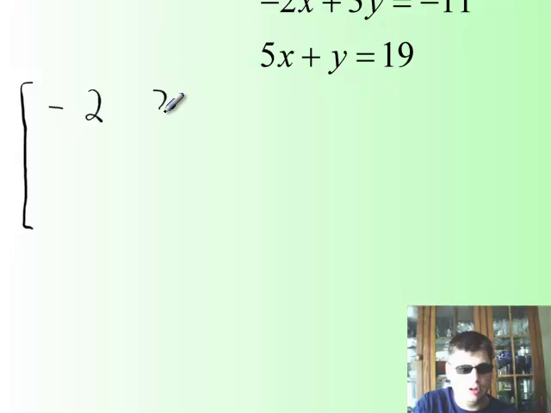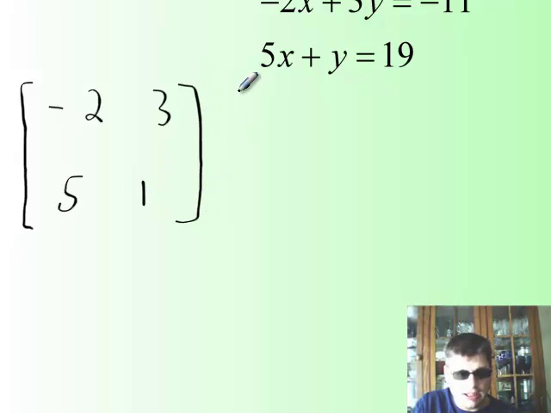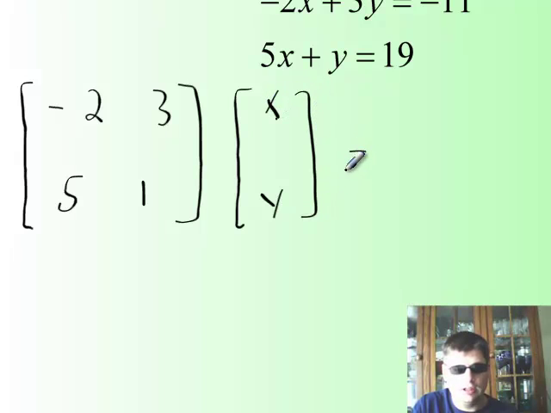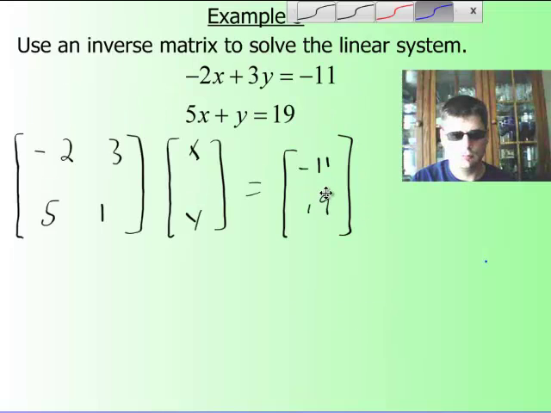Then the second equation we'll put on the second row, 5 and 1. Now matrix X, we'll actually put the variables X and then Y, which will then give us, we'll put in our constants of -11 and +19. Cool, there we have it.